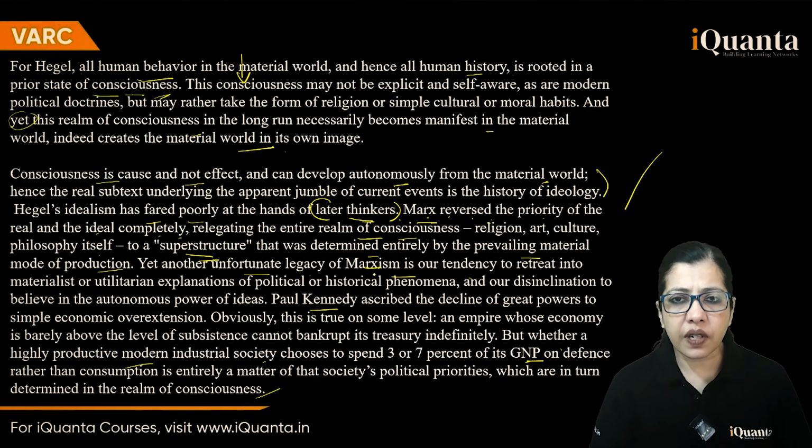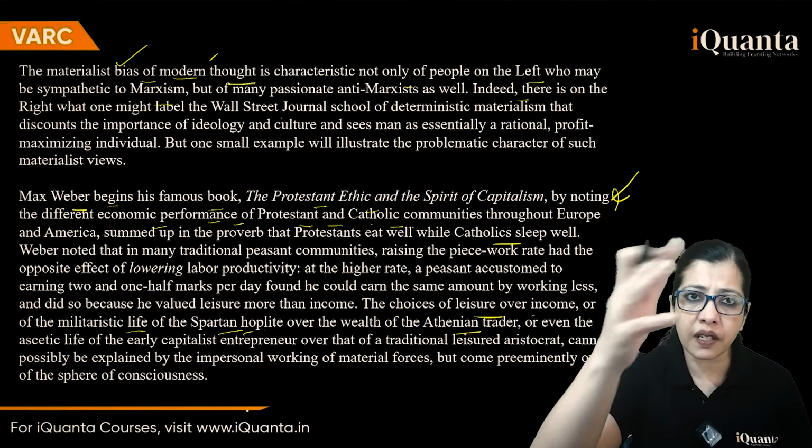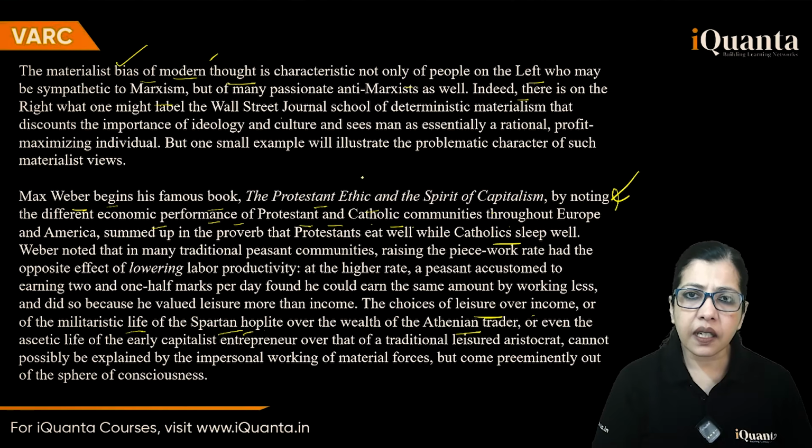Yet another unfortunate tendency to retreat. Paul Kennedy, the decline of great powers. And then we come down to this, which are in turn determined in the realm of consciousness. So consciousness is being discussed here and there.